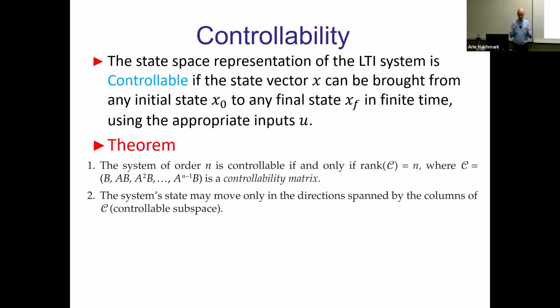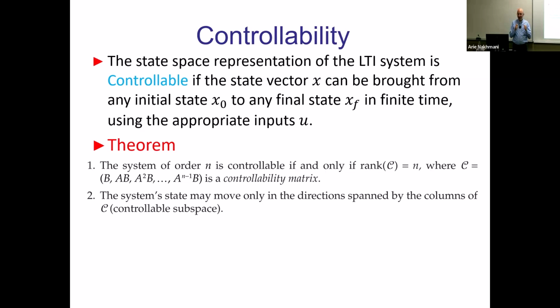So the system is controllable if you can start with any point x0 and get to any xf, which is the final state vector. So you could get all kinds of trajectories to get to that vector.